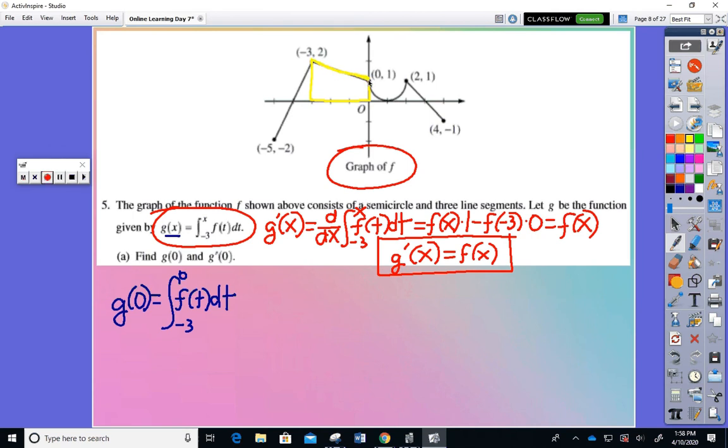So I'm looking at the area of that yellow trapezoid. So I'm going to average my bases. It looks like the base on the left is 2 and the base on the right is 1, times the height. And the height is actually, it's sitting on its height, so that's 1, 2, 3.